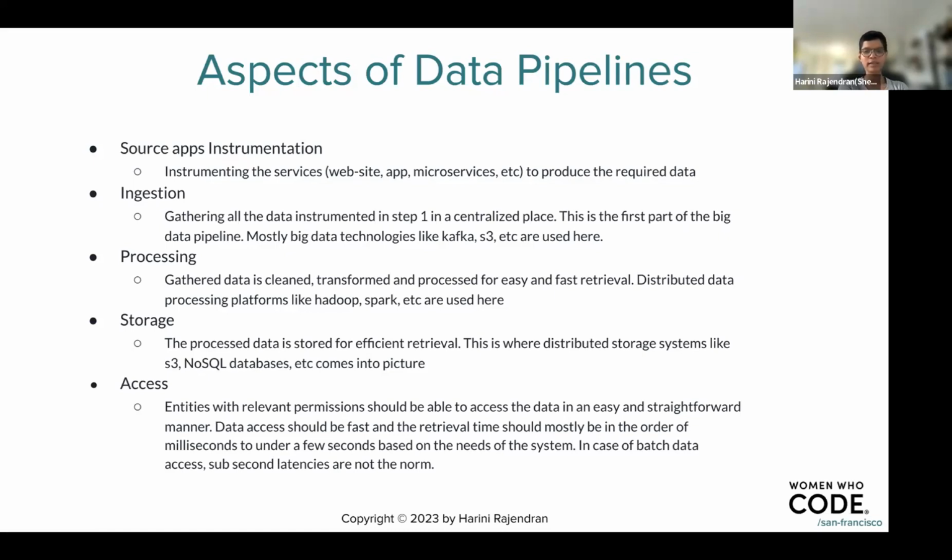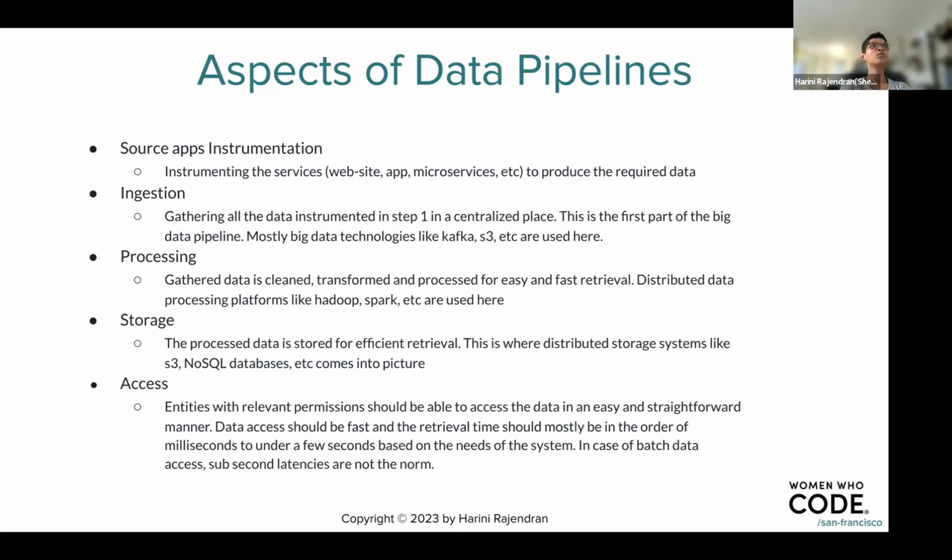Usually, in this day of big data, we store the data in some distributed storage systems. Usually it might be S3 or any of the NoSQL databases, like Elasticsearch, PostgreSQL, MongoDB, Druid, and all of those.